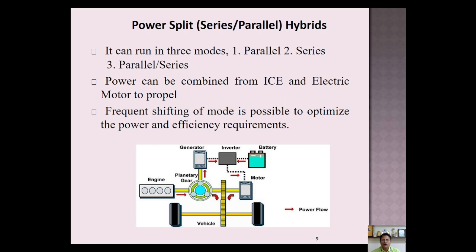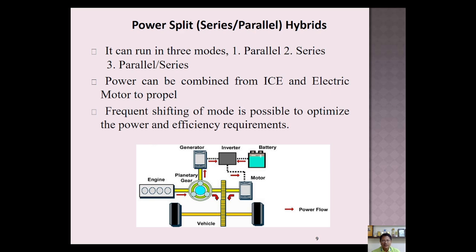Now we will move on to the third option, that is power split or series parallel hybrids. So it can run in three modes. It can operate as we saw in the earlier topics, that is parallel configuration, then series configuration, then combined series and parallel.